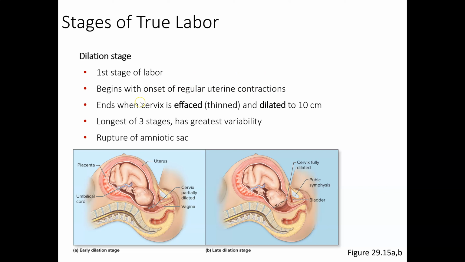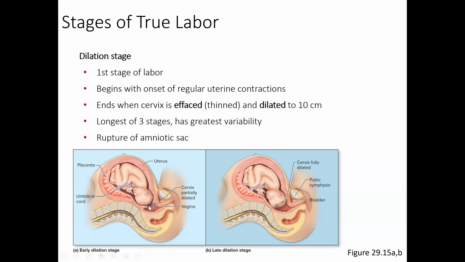Then when do we say it's the end of this stage for the cervix? Well, you should be familiar with the term effacement. Effacement is when the whole cervix is thinned out, becomes very thin. And not only that, the cervix is effaced but also dilated to 10 centimeters.